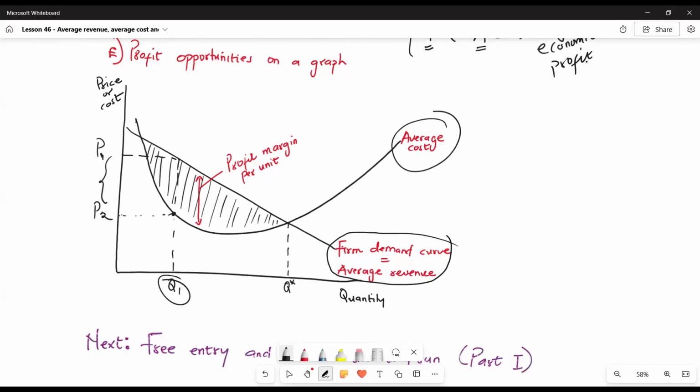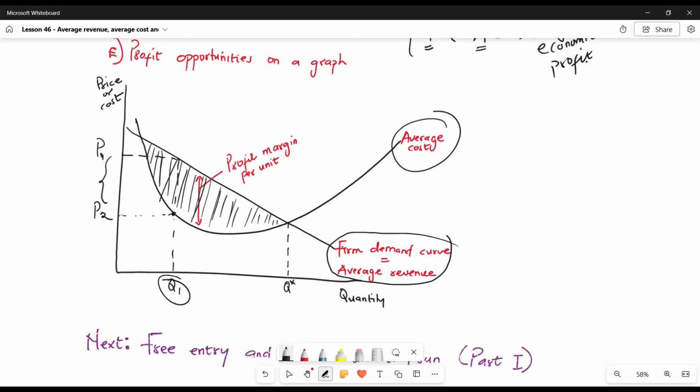You can immediately see that any area in this shaded region where the demand curve lies above the average cost curve is a profit margin area, because we've said that anytime the price that you charge for a good is higher than the cost per unit of production, then you are making positive profit.